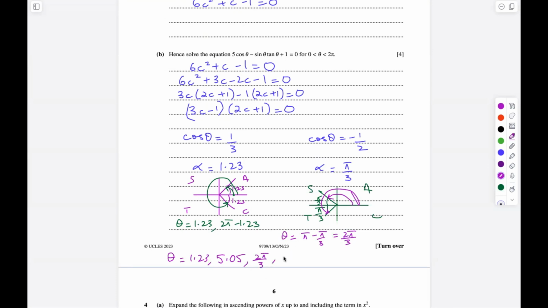And the last value will be pi plus pi upon 3, that will be equal to 4 pi upon 3. So the four values of theta will be 1.23, 5.05, 2 pi upon 3, and 4 pi upon 3 radians.